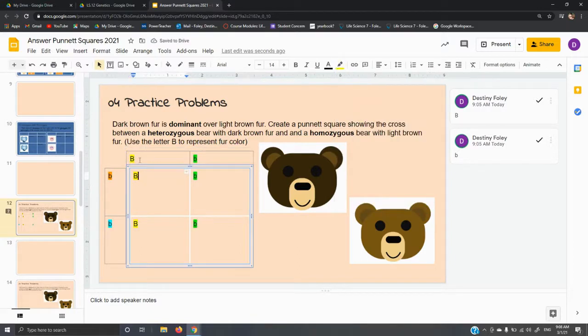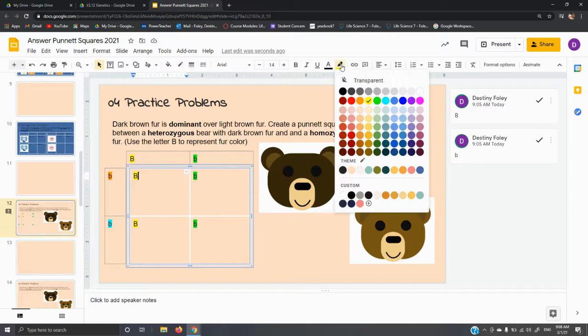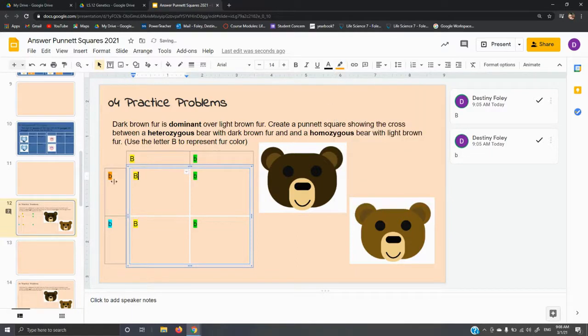So let's say this is the dark brown bear up here. We have our alleles sorted now, so you just bring the alleles straight down like this. Next, we're going to bring over this orange little b. Orange little b goes from the left to the right.